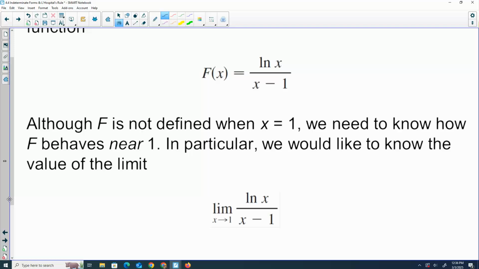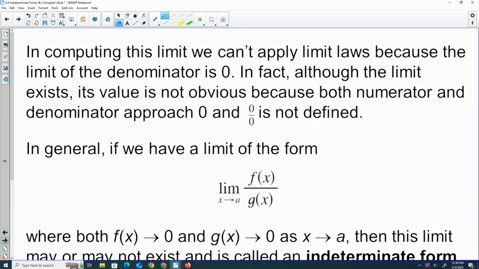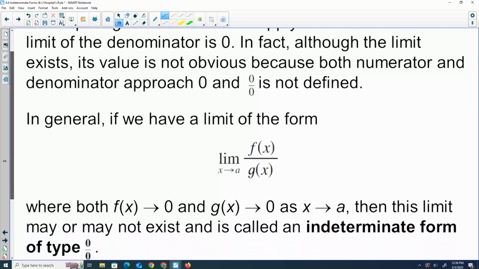Am I going to be able to factor and reduce? No. Things like multiplying by a conjugate. Can I multiply by a conjugate here? No. Trying to get sine x over x. Is that an option here? No. So none of the things that we've done in the past would help me evaluate this limit.